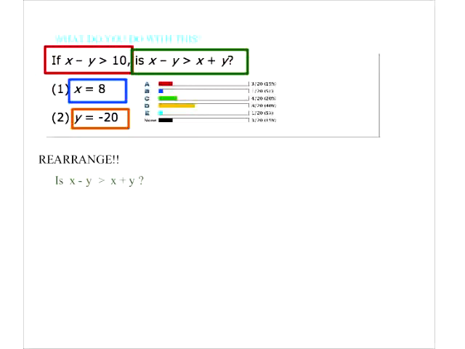Now, what is statement 1 really in the text box? What actually is statement 1? Statement 1 is not just x equals 8. It's actually x equals 8 and what else? Please tell me in the text box. Yeah, so it's the blue and the red part. So it's x equals 8, and x minus y is greater than 10.